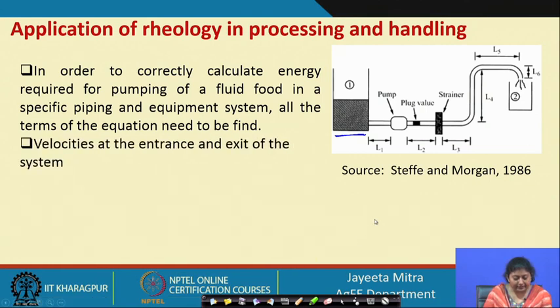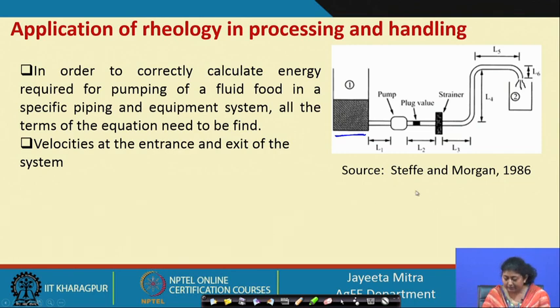The velocities at the entrance and exit of the system, that is the first thing we need to know. Now, we can calculate this if we know the volumetric flow rate Q, and we need to know the diameter of the pipe at the inlet and exit.